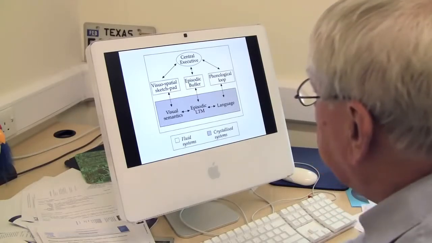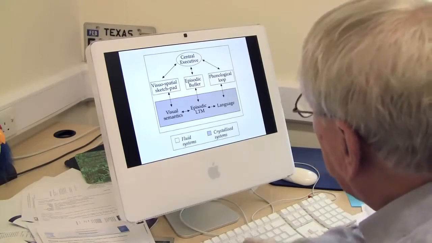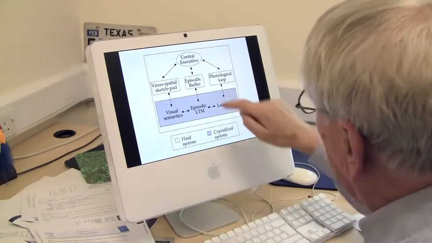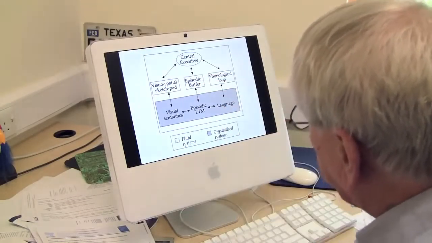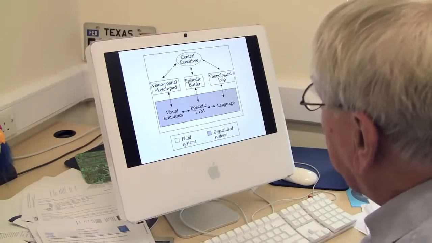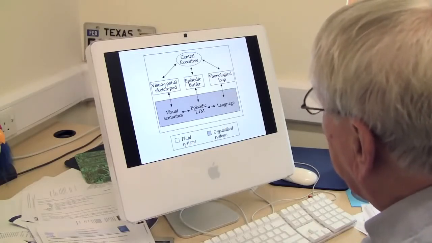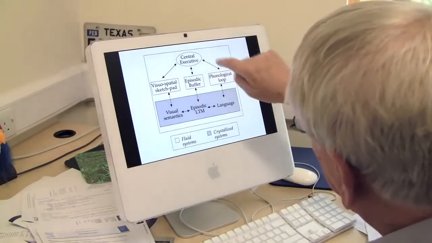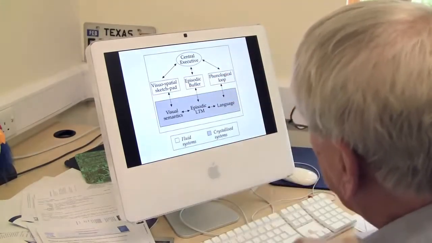When we proposed an episodic buffer, we assumed that it depended on the central executive and that it accessed long-term memory. We didn't want to add further arrows if we didn't need to, and we decided that we would try and test the model by interfering with each of these separately and together.